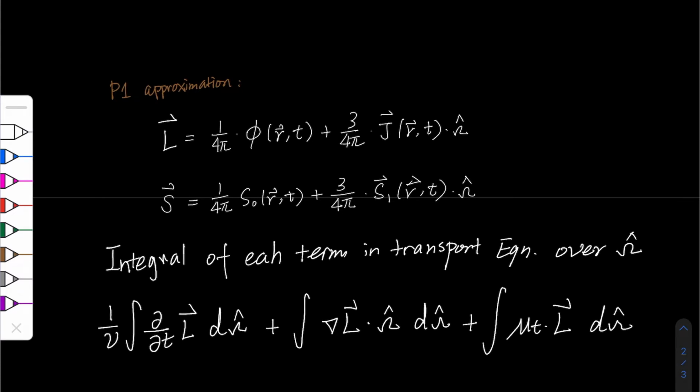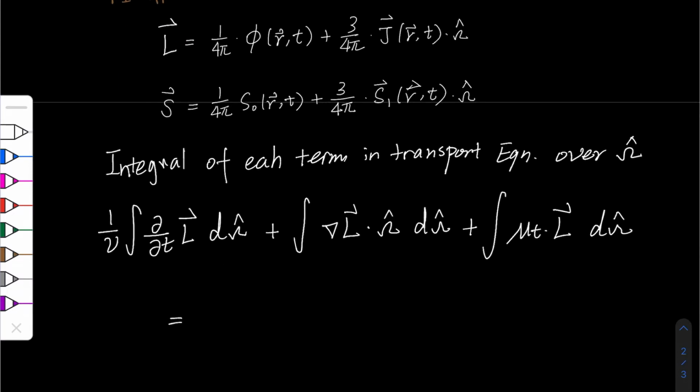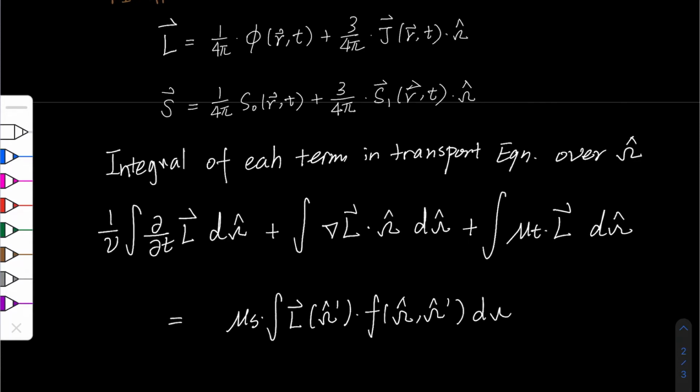On the right hand side of the transport equation, the first term is mu s times the integral of L of omega hat prime times f of omega hat prime over omega hat prime, and then we do the integral of this over omega hat.